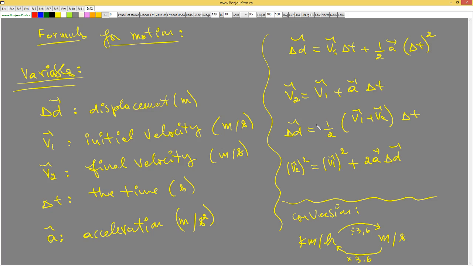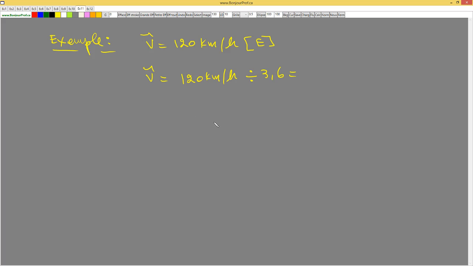Okay, good. So here we have all the formulas. And then we are going to do an example. Okay, V equal 120.